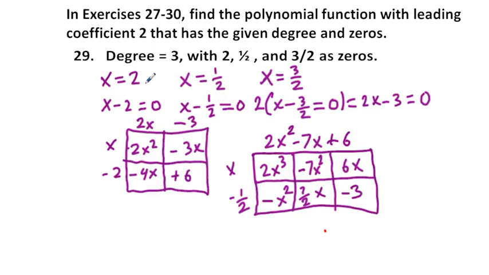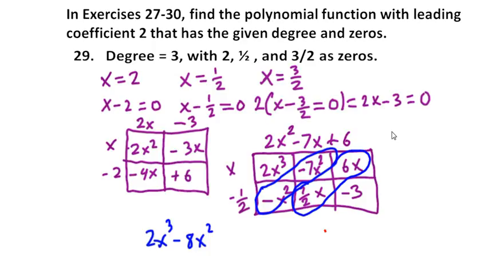Working all this together, we have negative x squared minus 7x squared, and then 7/2 x plus 6x.